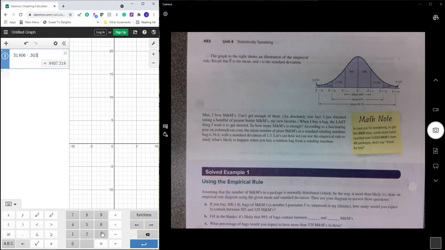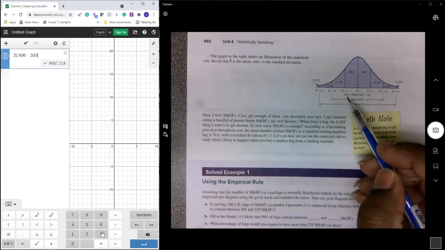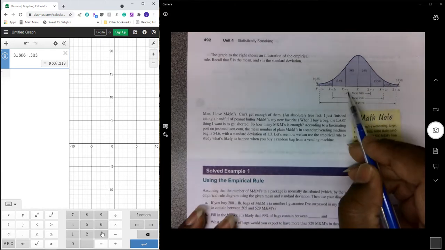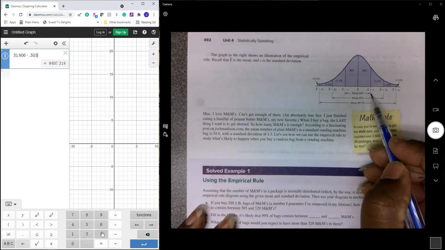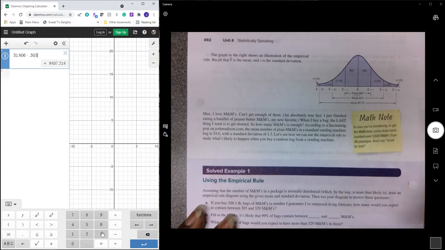But before we do that, if we look here, I forgot what the numbers were. Oh, the 61 to 66.4, we said that was about 60%. It's about 68% according to this graph.